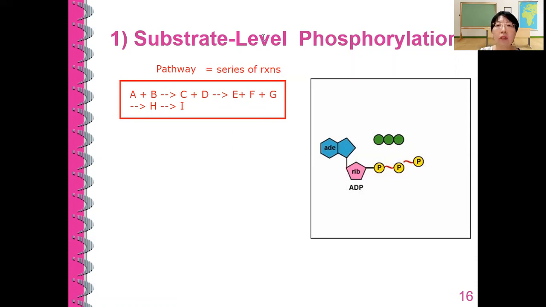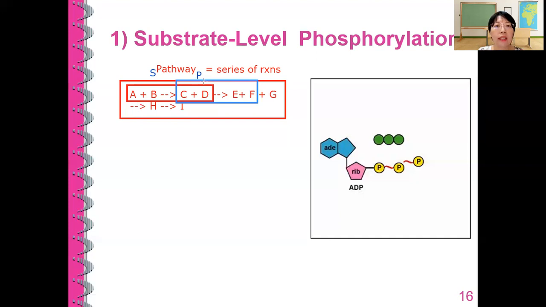So therefore, in this series of reactions, I can say that this is one reaction here, right? In this reaction, A and B are the substrates, okay? And C and D are the products, okay? And then in the second reaction, here, so this is another reaction, right?